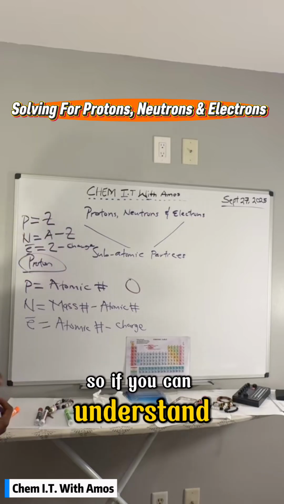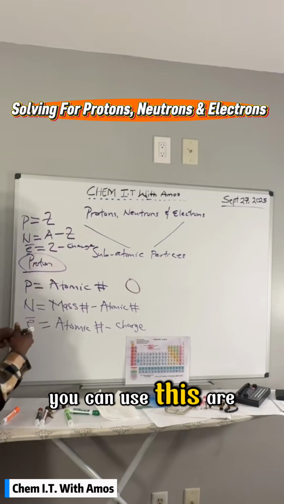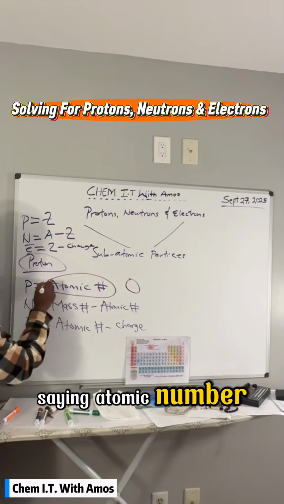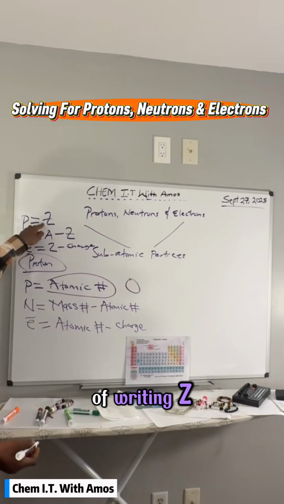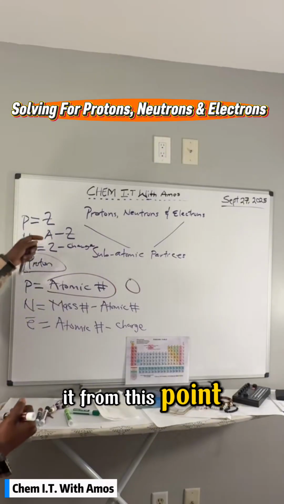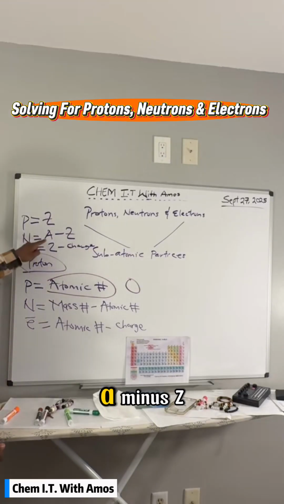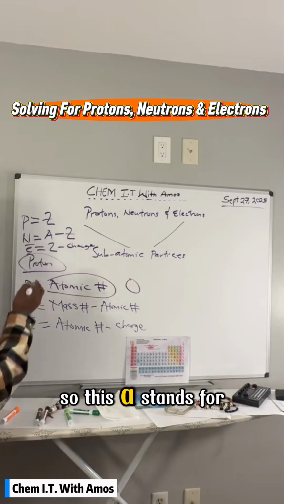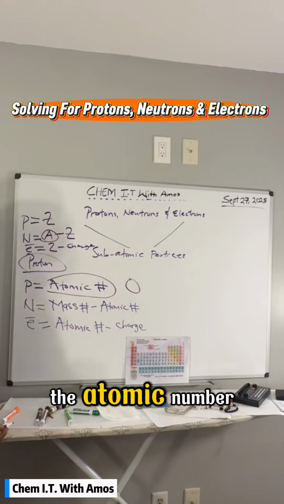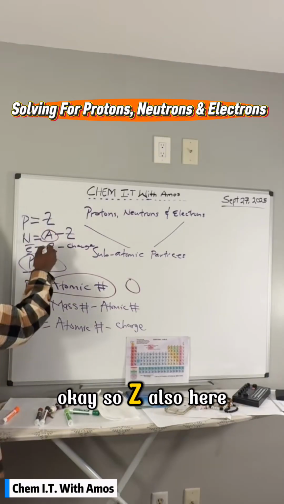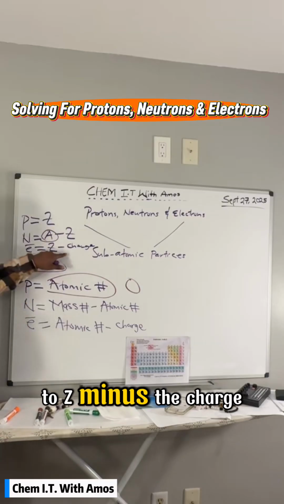If you can't understand it from this point of view, you can just spell out atomic number instead of writing Z. But if you can understand it from this point, you can say that proton is equal to Z, where neutron is equal to A minus Z. This A stands for the mass number and this Z stands for the atomic number. So electron is equal to Z minus the charge.